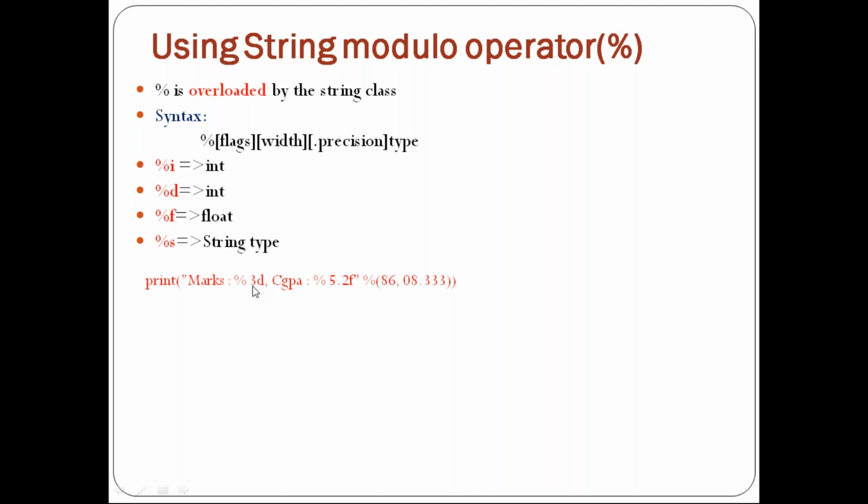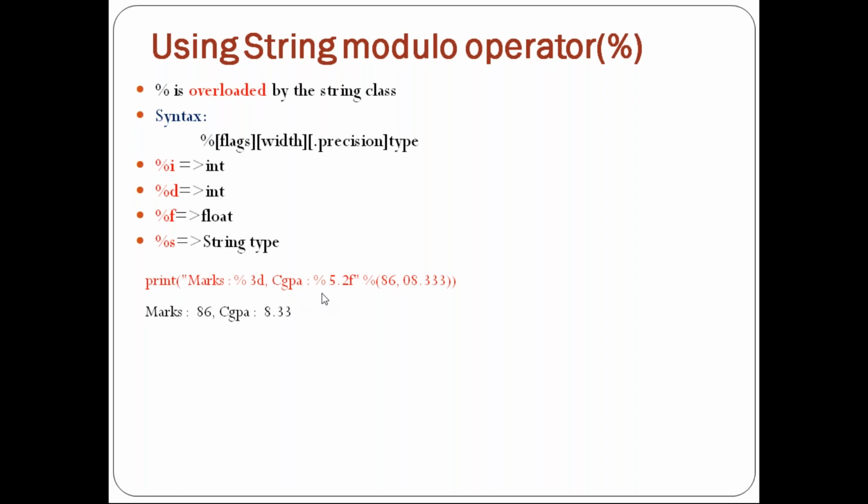This 3 represents how many character spaces have to be allocated for the value. So actually 3 character spaces are allocated for that value, but we require only 2 character spaces for printing the 86. So we will be having 1 extra space here.